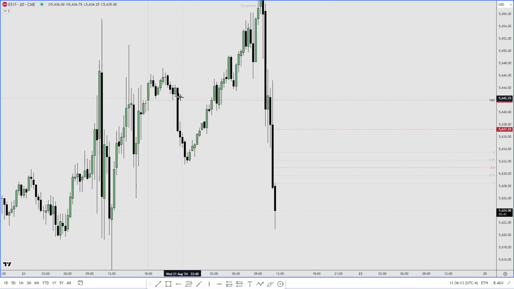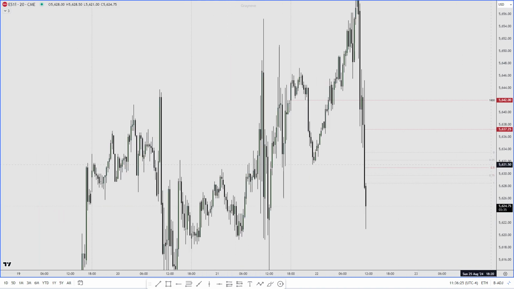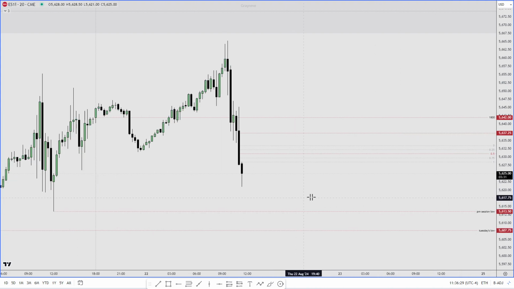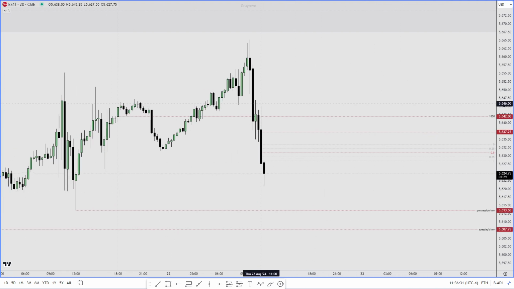And then we have this breaker. We have closed below the breaker. So if we can trade up into this breaker, that would be nice for a short into Tuesday's low. Right, stop point, obviously it's going to be here. This would be your stop loss.